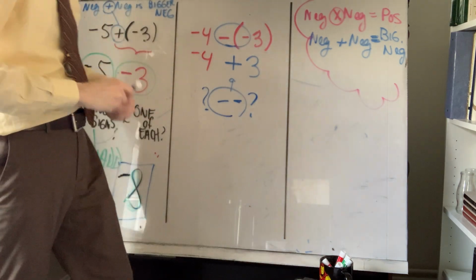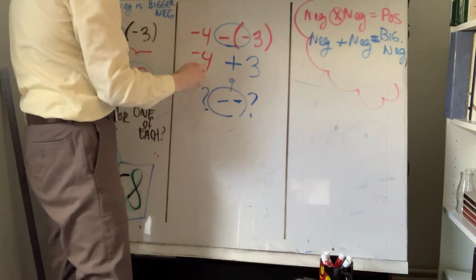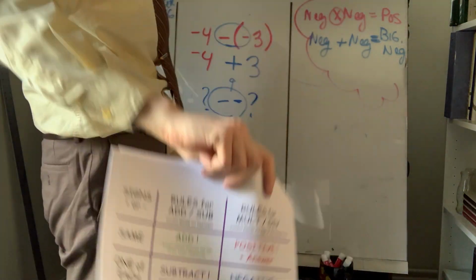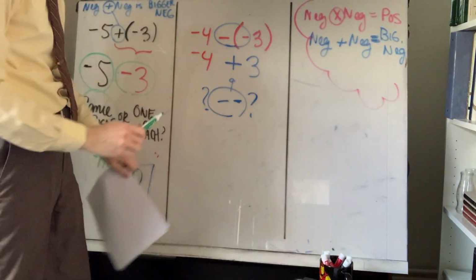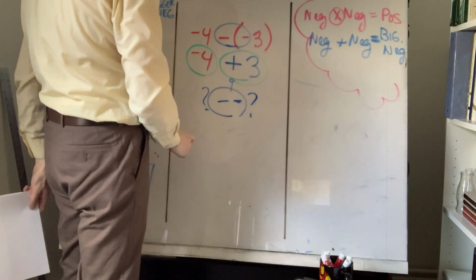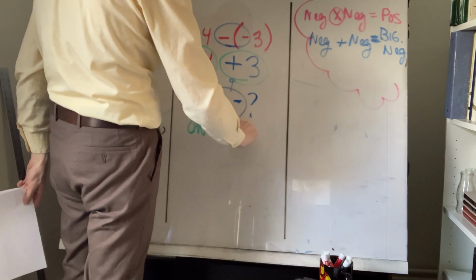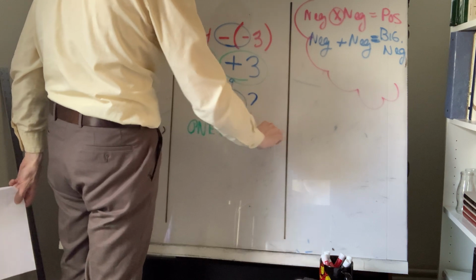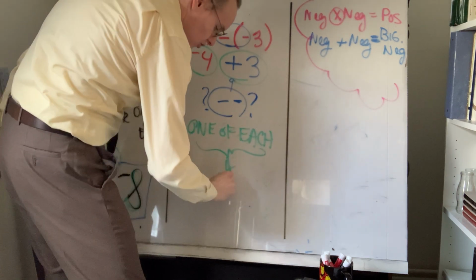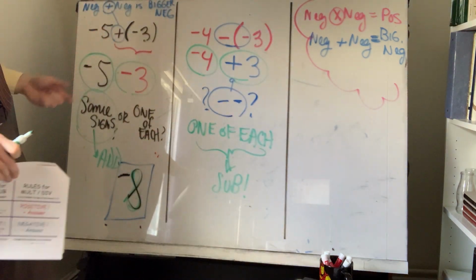And the reason why I would take the time to look at it from that perspective is because then you could apply these rules as they exist, which dictate that if you have one of each sign, as you realistically have in this case, what are you actually going to do? Are you really going to add, or are you going to really subtract? One of each says subtract. All right? What's 4 minus 3?